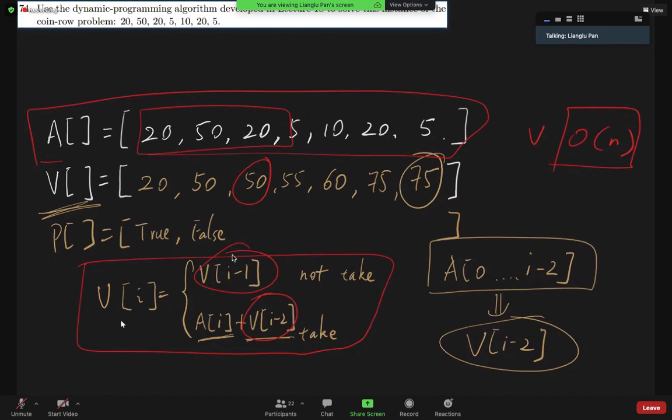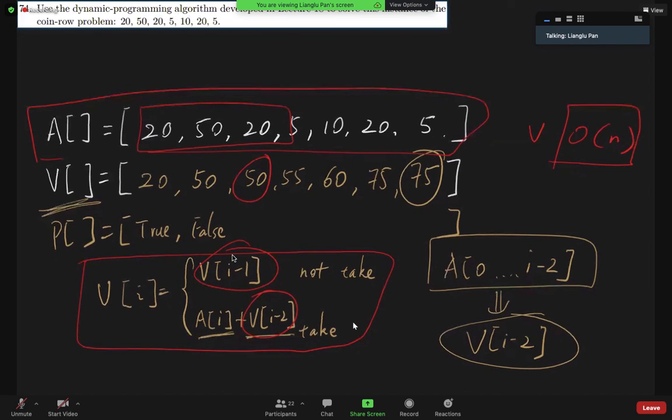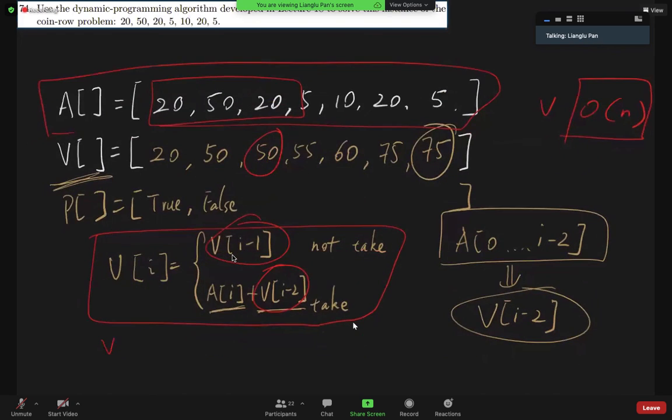And in this case, if we want to have the recurrence relation, we should have V_i represented in whatever I have on my screen. And we have 2 base cases. The first base case should be, for the first element, if we only have 1 coin available, we will surely take it.